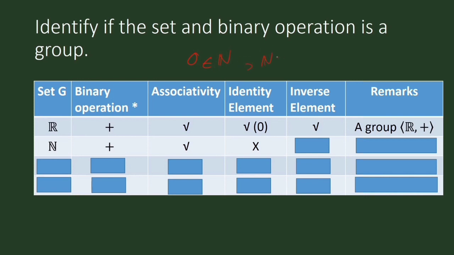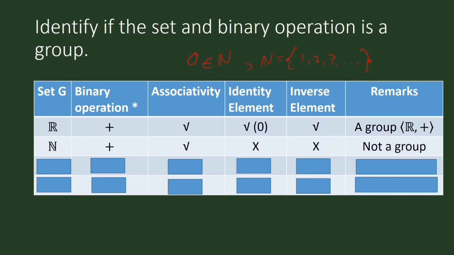The set of natural numbers begins with 1, 2, 3, and so on. So the set of natural numbers is the same as the set of positive integers, of course. It does not have an identity element, and so this set of natural numbers under the operation of addition is not a group.